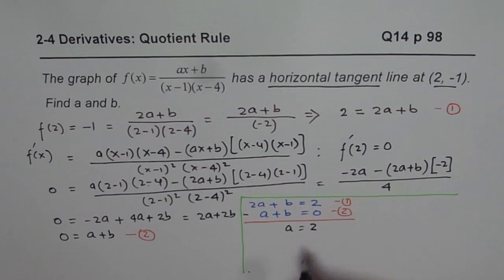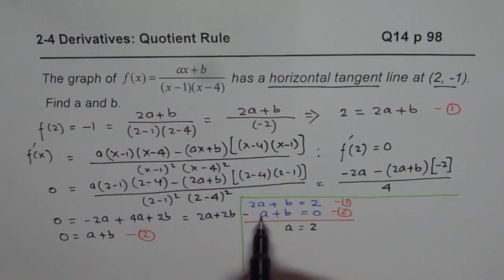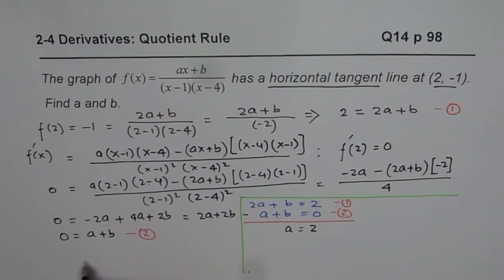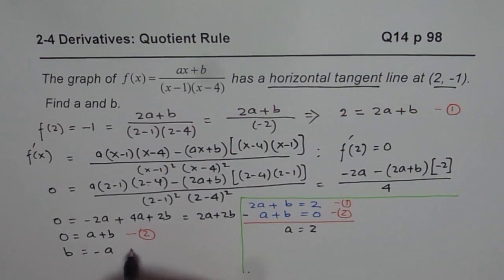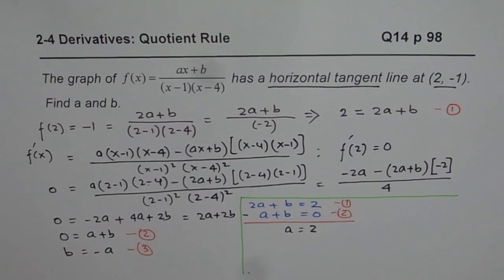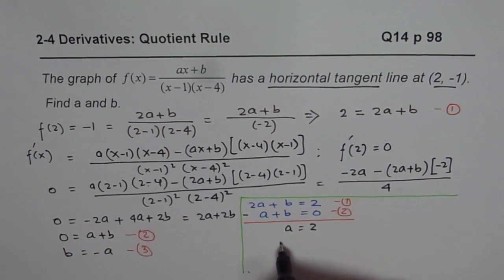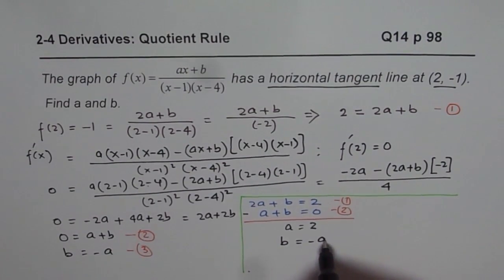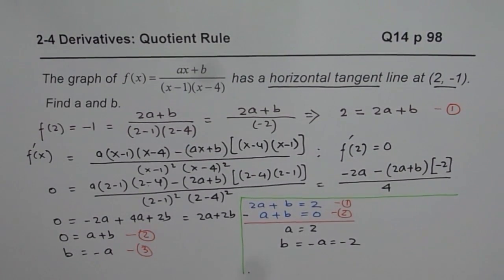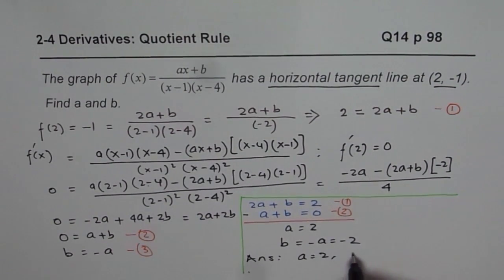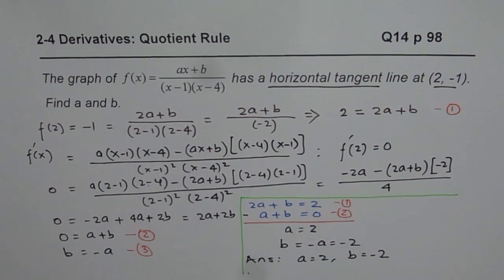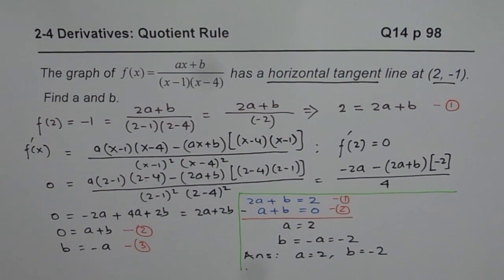So that is the value of a. Now let equation number 3 be b = -a. Substituting, we get b = -2. Therefore the answer is a = 2 and b = -2. So that is how you could solve such a question. I hope that helps. Thank you and all the best.